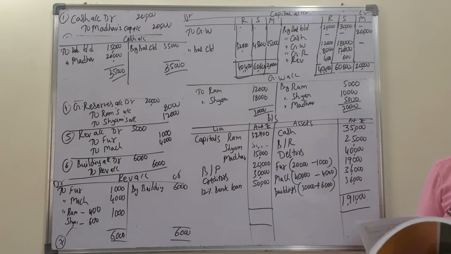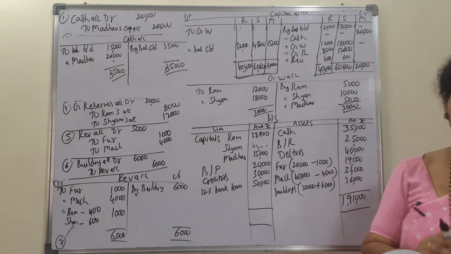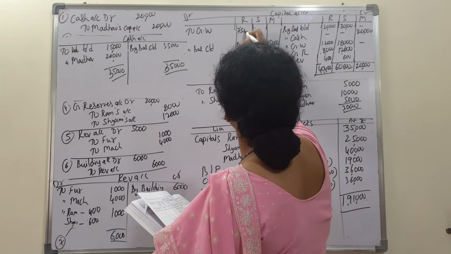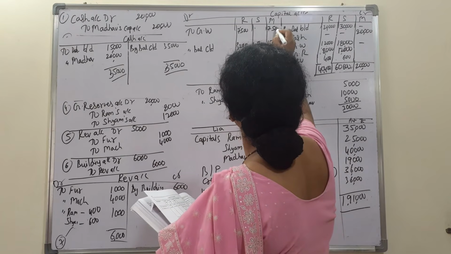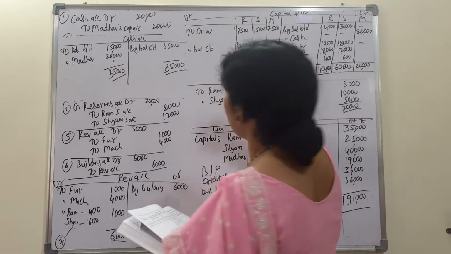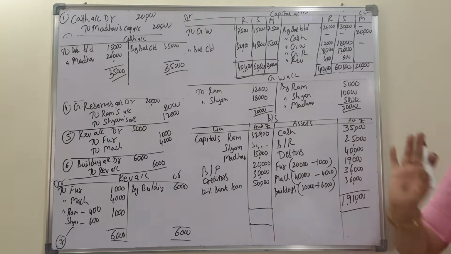Goodwill is 30,000. It is to be distributed in the ratio of 1:2:1. If we take 7,500 and here also 7,500 and 15,000. Calculations, small mistake, it happened.